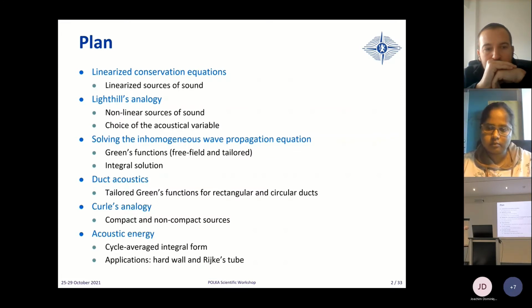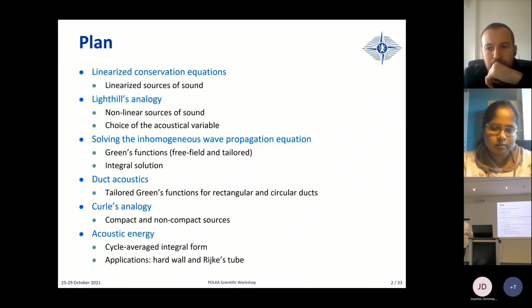We'll start by reminding how you derive acoustic propagation equations from the equations of fluid mechanics. That proceeds by linearizing the conservation equations, and then we end up with linearized sources of sound, which are not going to tell us a lot about turbulence, because when you linearize Navier-Stokes, you throw the baby out with the bathwater, as we say in French, so you discard the turbulence.